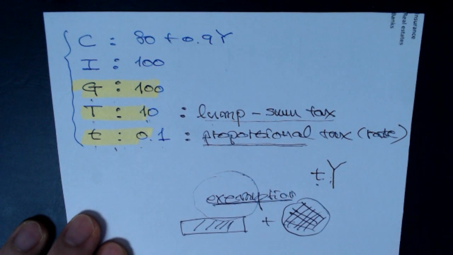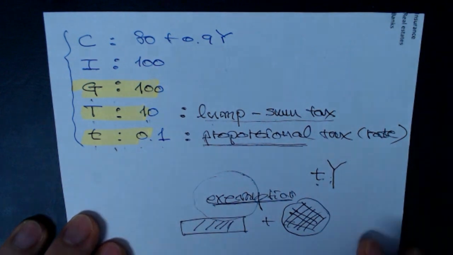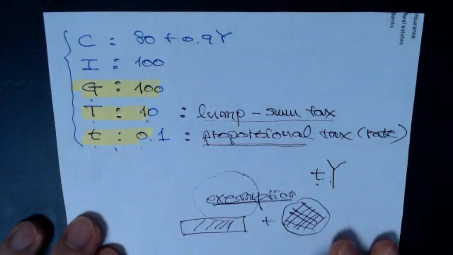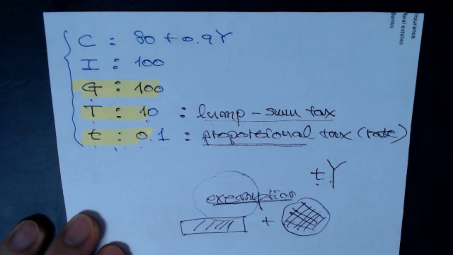Transfer is not a tax. The government pays to the household, so the household will have additional income. Consumption tax is not a lump sum tax, it's a proportional tax, because with consumption tax or excise tax, you don't pay if you don't purchase any goods and services.